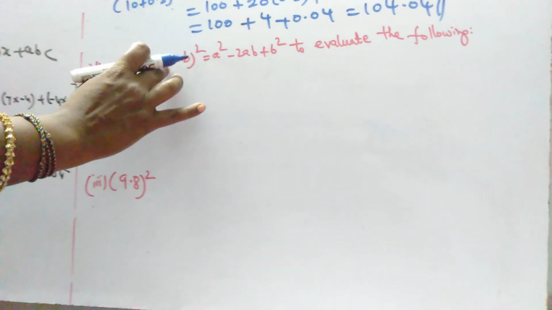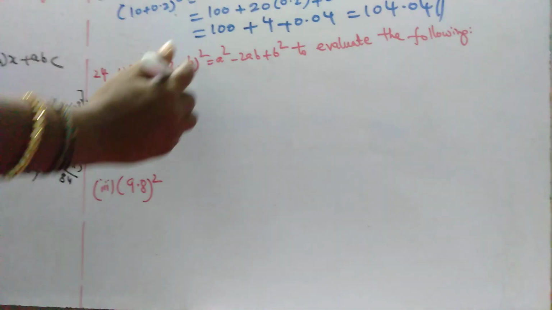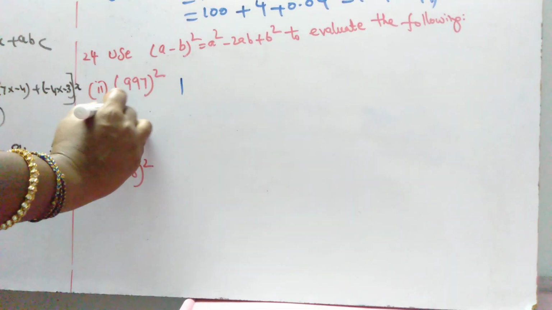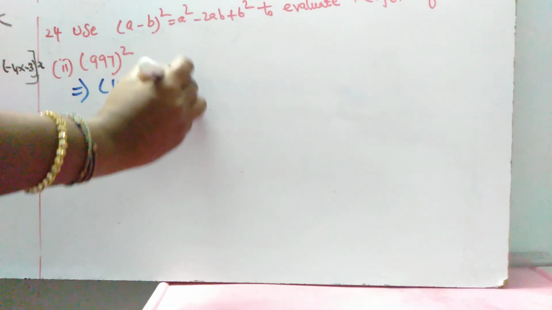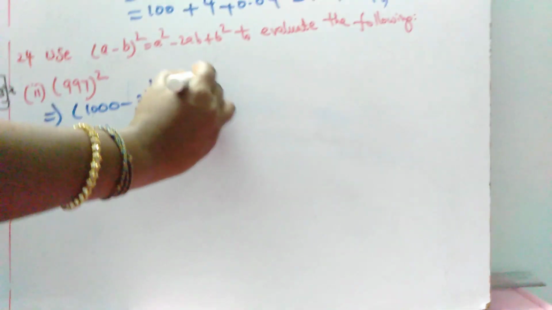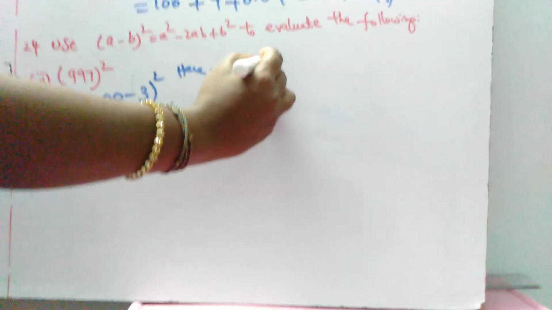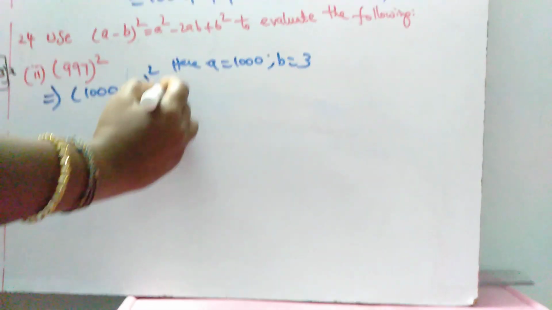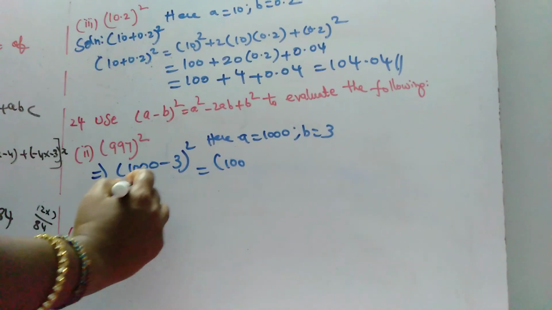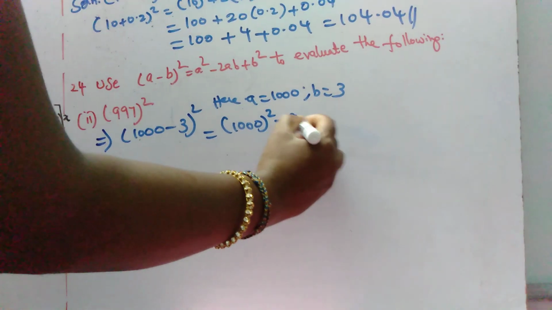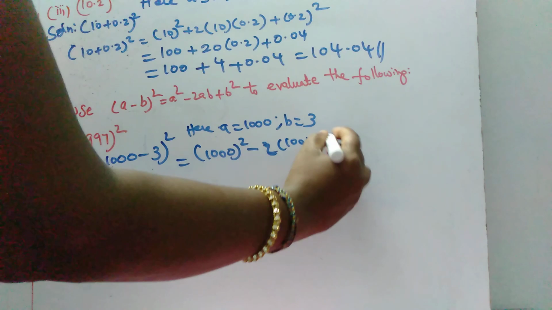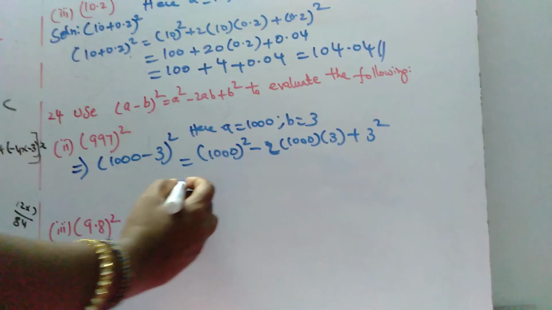The next, 997 the whole square. So you want to expand this in the form of a minus b the whole square. So this can be written as 1000 minus 3 the whole square. Here a equals 1000, b equals 3. So it is in the form a minus b the whole square, so a square minus 2ab plus b square.